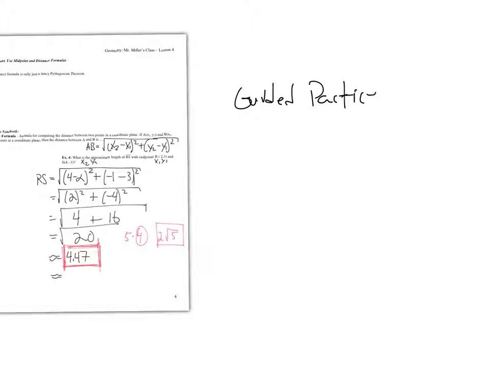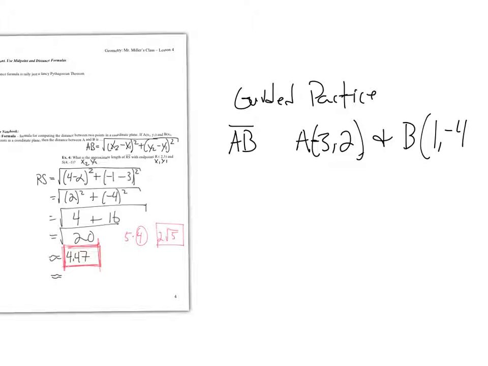I'm going to go ahead and write it down, then I'm going to stop the video. I want you to stop it, work through it, and then play the video back, and it'll have all the steps so you can see if you get the right answer. So let's say we have a line segment AB, and that line segment has endpoints of A equaling negative 3, comma 2, and a B point of 1 comma negative 4.